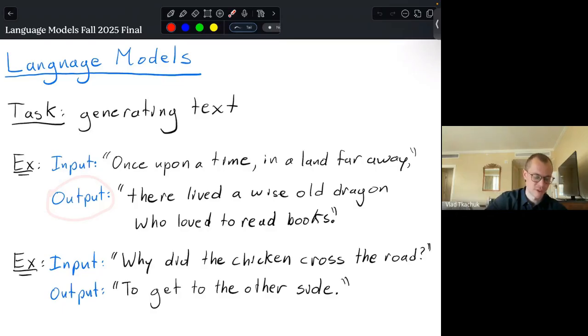Let's see some examples. Maybe you input the beginning of a sentence, like "once upon a time in a land far away," and the output you would expect is to finish the sentence, like "there lived a wise old dragon who loved to read books." Maybe that's one possible continuation, and there are many others, of course.